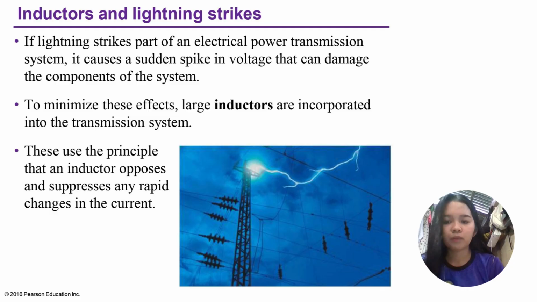Inductors oppose rapid changes in current, so the inductor resists the sudden increase in current, effectively smoothing out the surge and protecting downstream components. This makes inductors essential components in power grids and other high voltage systems. This uses the principle that an inductor opposes rapid changes.